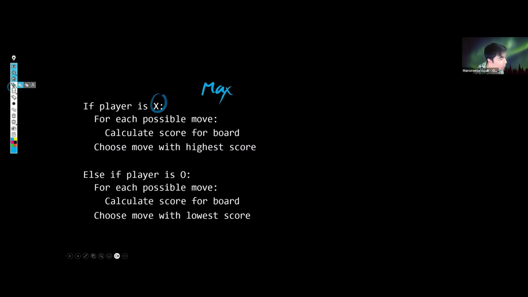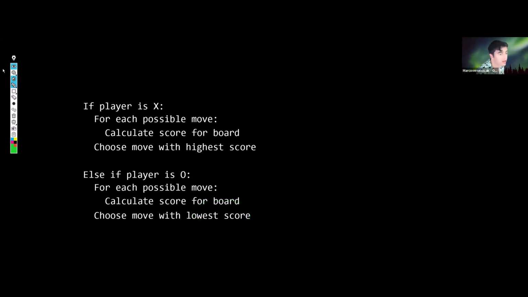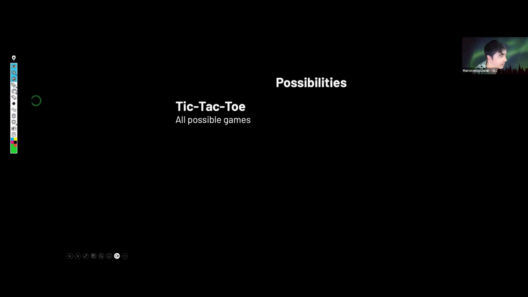But if the player is O, for each possible move, calculate the score for the board and then choose the move with the lowest score. So that's a distillation of that verbal walkthrough we just had, where we can think of this as being code, or at least pseudocode, where we can try to maximize our chances.